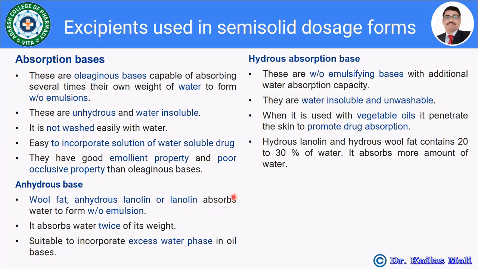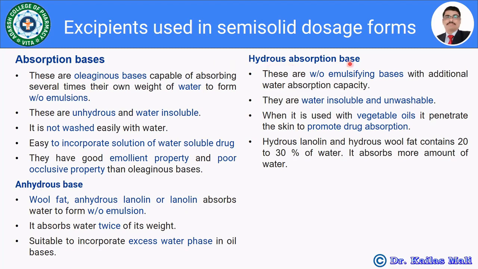They are going to absorb water and form the W/O emulsion. It absorbs water twice its weight, and it is suitable to incorporate excess water phase in oily bases. So this is about the anhydrous bases.